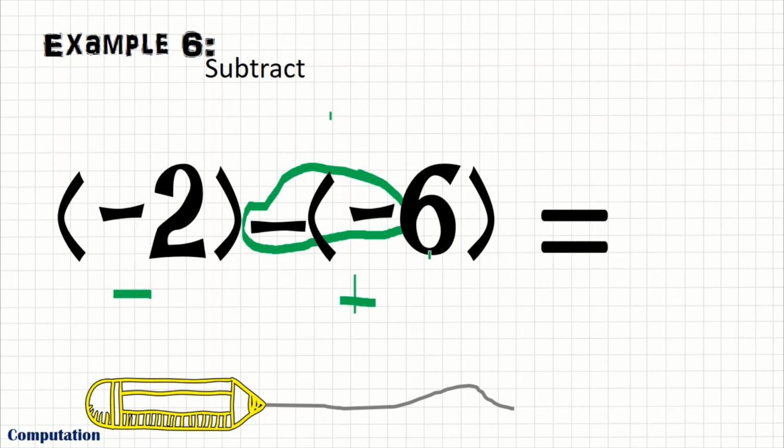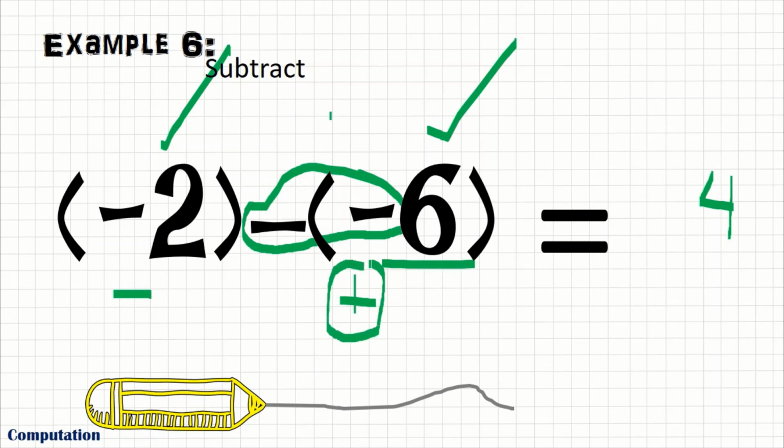Therefore, isubtract natin yung dalawang numbers. So, 6 minus 2 is equal to 4. And yung sign ni 4 ay kukunin natin sa pinakamataas na number, which is 6. Ang sign ni 6 ay positive. So, therefore, ang sign natin dito ay positive. The final answer is positive 4.